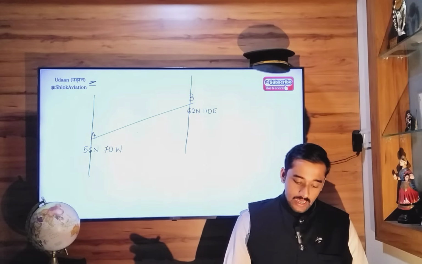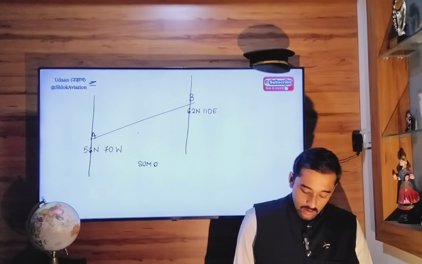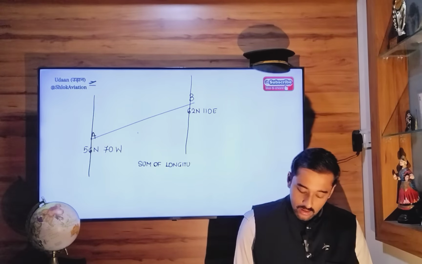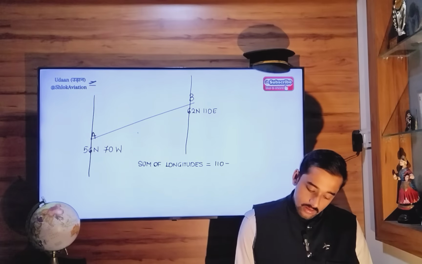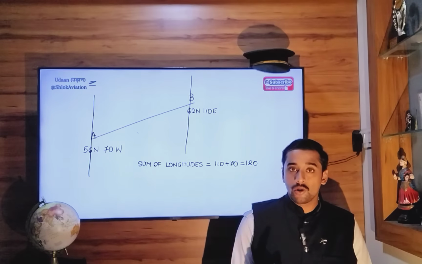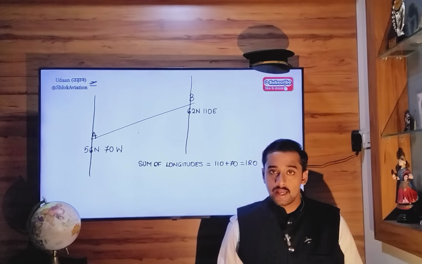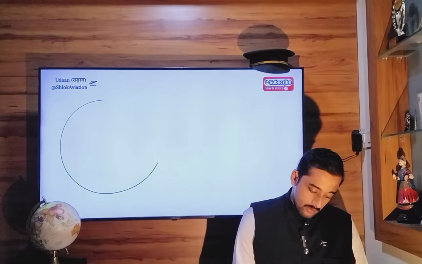Now look, over here the sum of longitudes is 110 plus 70, which is equal to 180. That means these positions are located on meridian and anti-meridian respectively. So the diagram you are going to draw is this one.